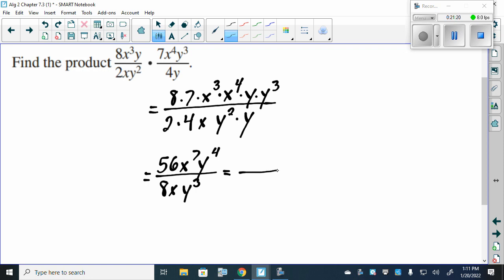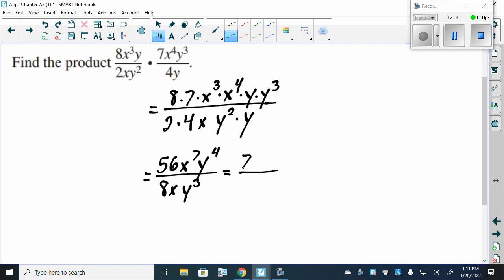Now, at this point here, we can simplify. The calculators will simplify 56 over 8. It won't do anything with the variables, but it will do the numbers. And 56 divided by 8 is 7 over 1, or just 7. And it would go on top of the fraction.